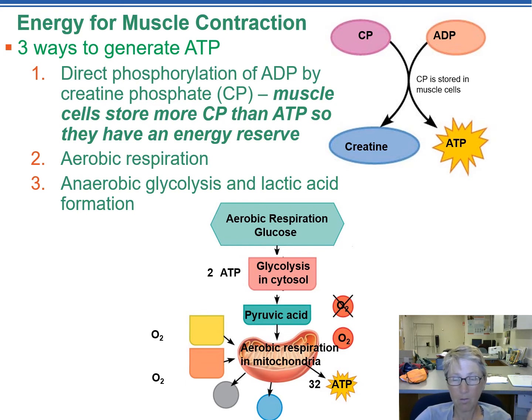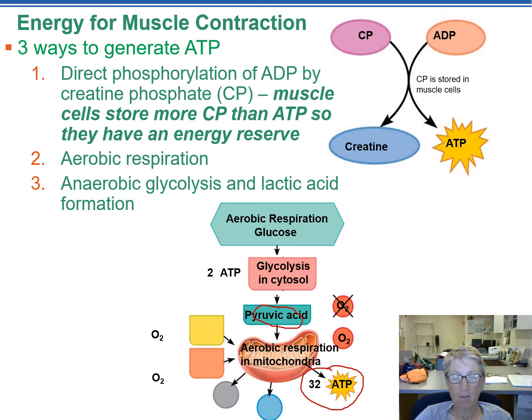So this is a little tricky because glycolysis, if oxygen is present down the line, glycolysis can take a glucose molecule and, through a series of biochemical events, make ATP and this thing called pyruvic acid. And if oxygen is present, pyruvic acid can go into the mitochondria and do aerobic respiration. So we can use the Krebs cycle and electron transport chain to make a whole bunch of ATP.